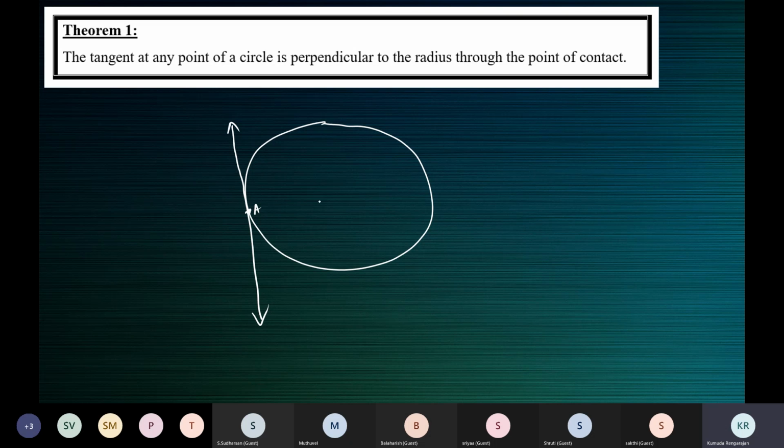A is the point of contact. This is the center. So through the point of contact A, we take the radius. Now this radius OA is perpendicular. The radius through the point of contact is perpendicular to the tangent. That is, the tangent and the radius will meet at right angles.